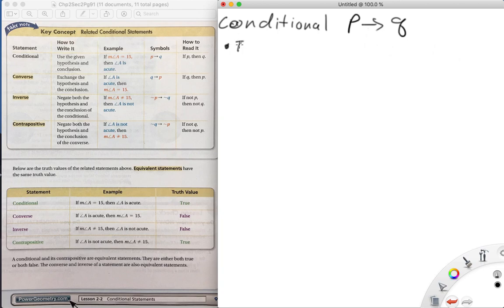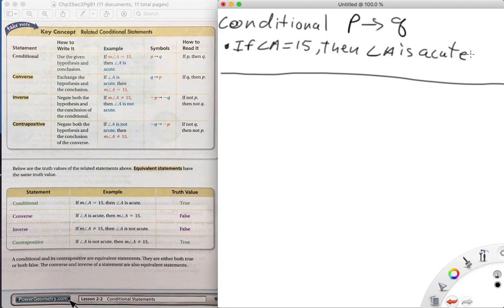An example they have of this is: if angle A is equal to 15, then angle A is acute. We can talk about the truth values of these now.